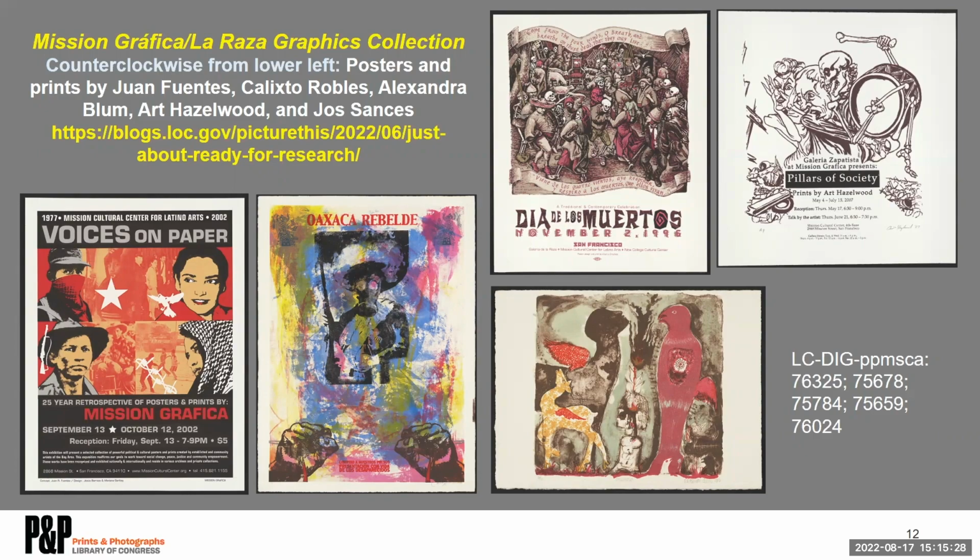At the top right is Art Hazelwood's Galeria Zapatista at Mission Gráfica exhibit poster for his Pillars of Society exhibit in 2007. And then last but not least, by Josh Sanchez is his 1996 Dia de los Muertos poster promising a celebration that is both traditional and contemporary.